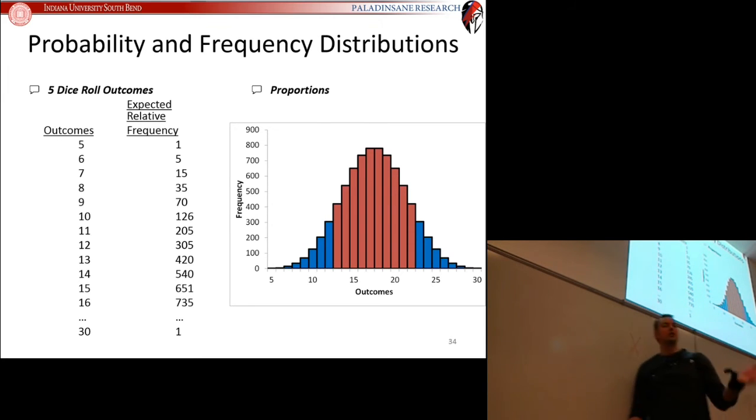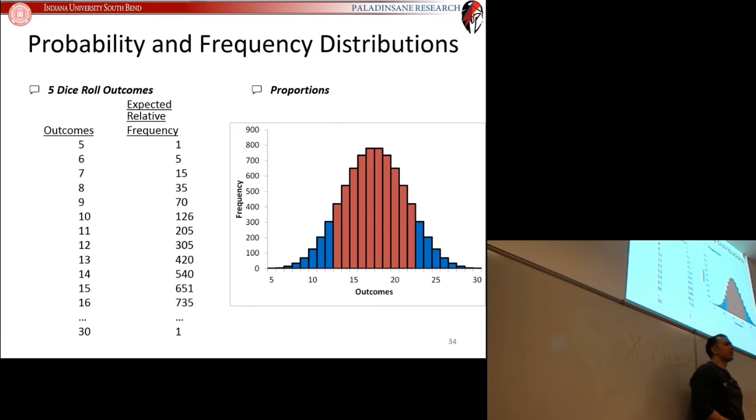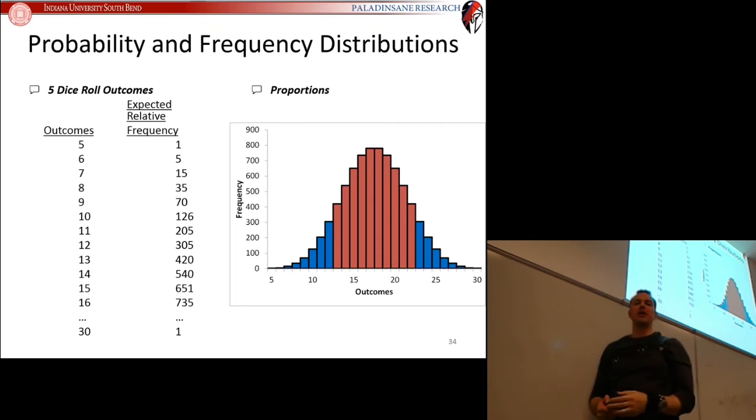As I mentioned, this type of curve, this bell curve where there are low frequencies in the tails and higher frequencies in the center, just pops up in nature over and over again. Very importantly, it pops up in psychology abundantly. Very, very often.